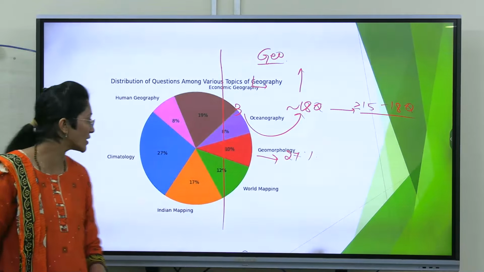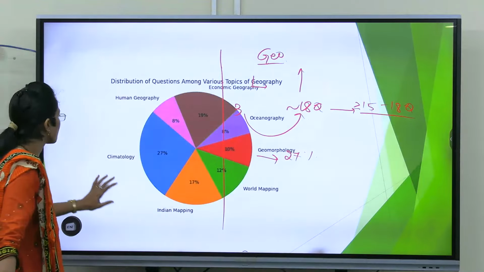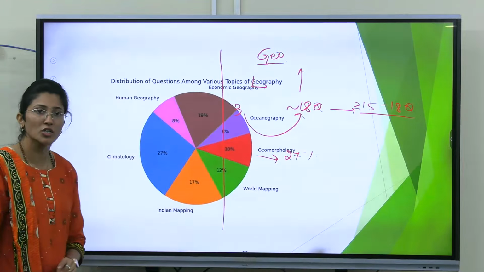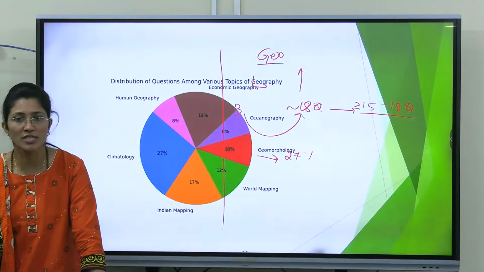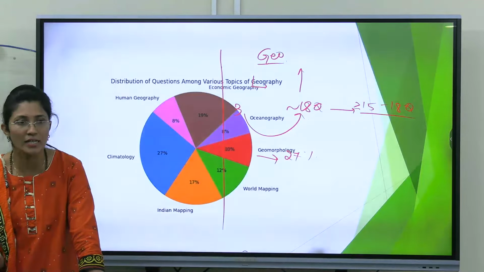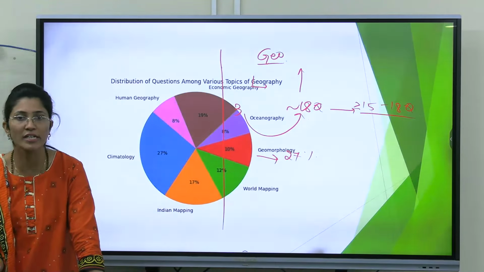And even when you're studying the world climatic zones under climatology, you need to remember the specific climatic conditions, the name of the climate, whether it is a Mediterranean climate, British climate, China climate, Indian climate.